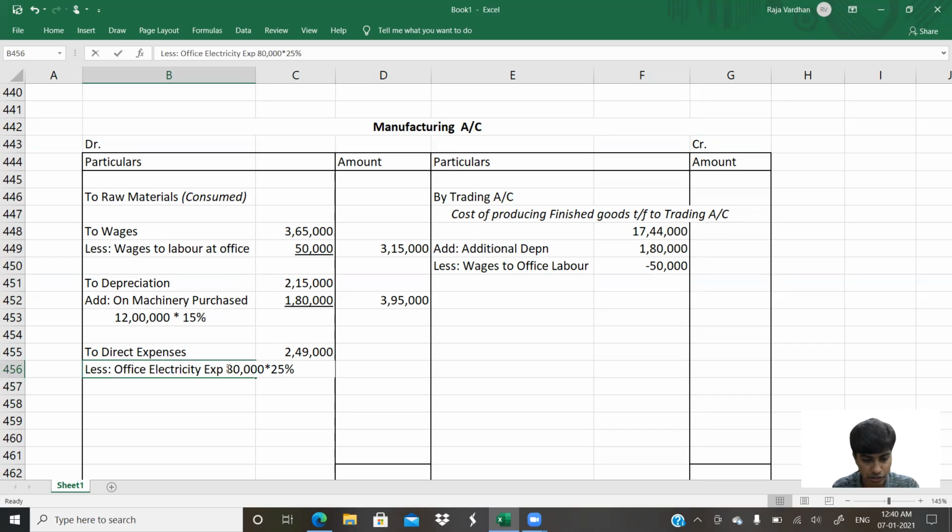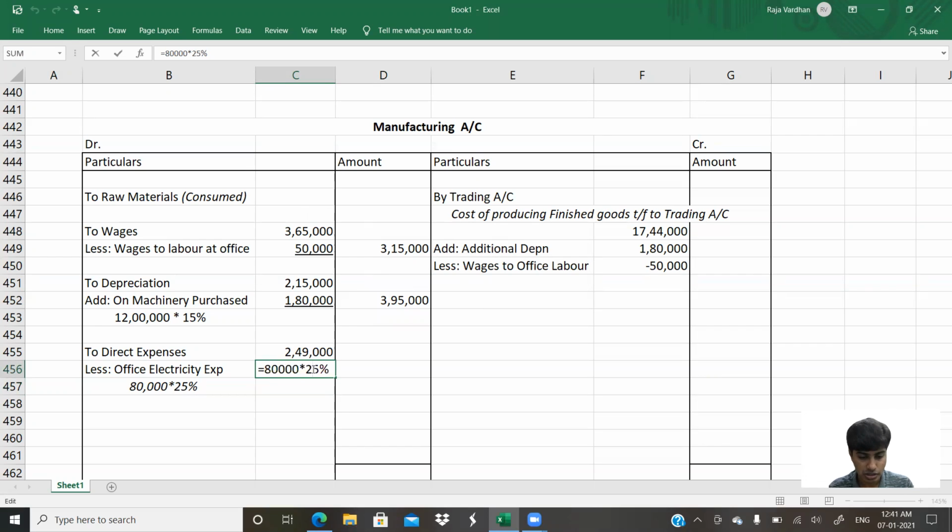How much is 80,000 to 25%? Yes, that comes to 20,000 rupees.